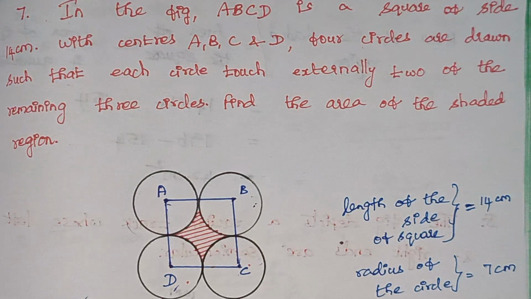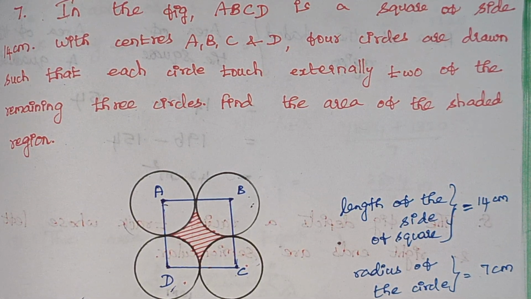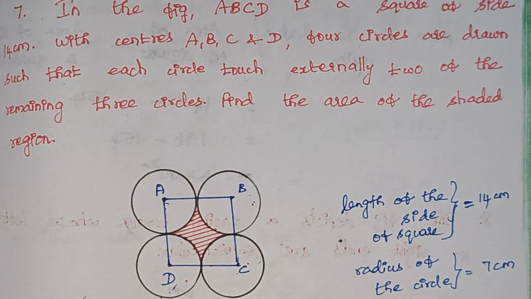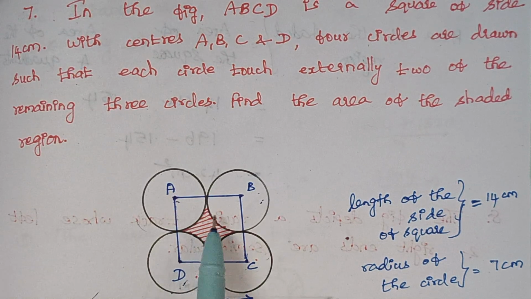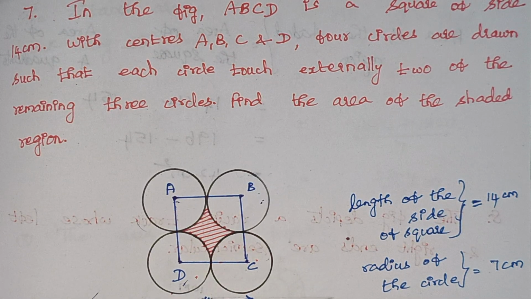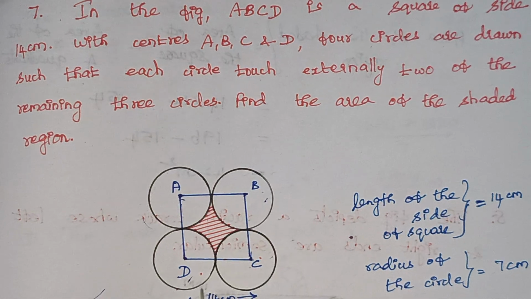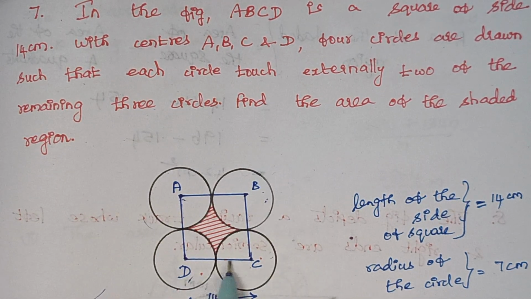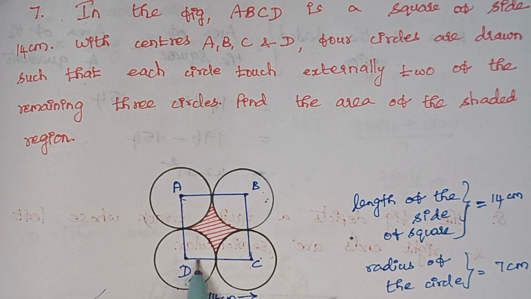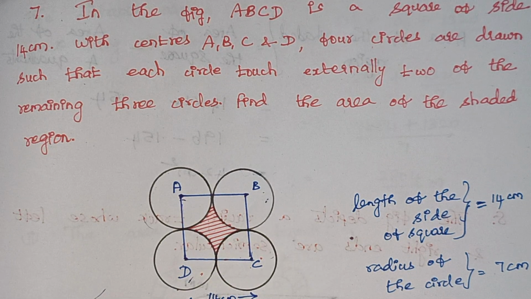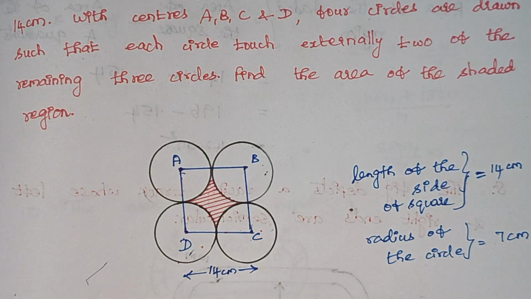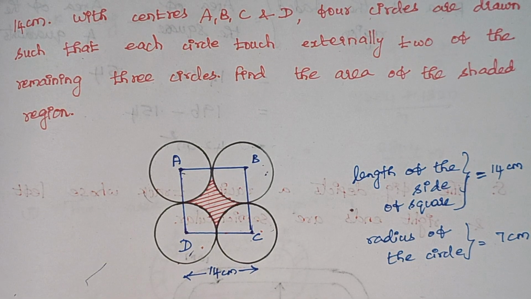So in this problem, the diagram is clearly given. Now we have to find the area of the shadowed region. Here, this is the side of the square. This length is 14 centimeters.